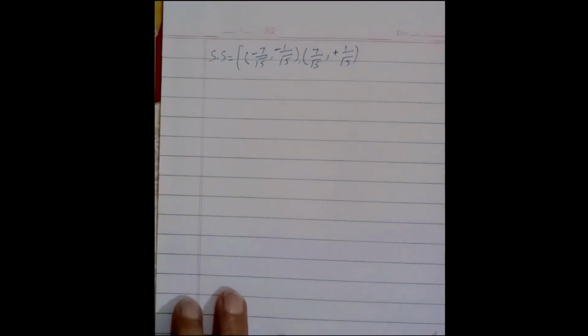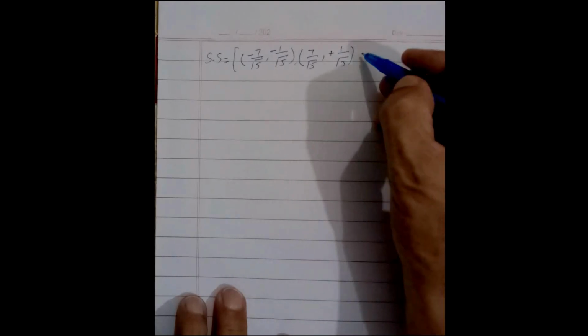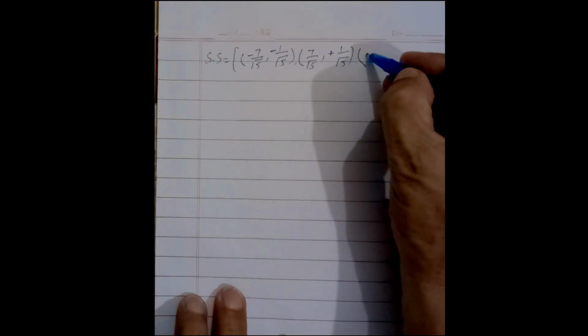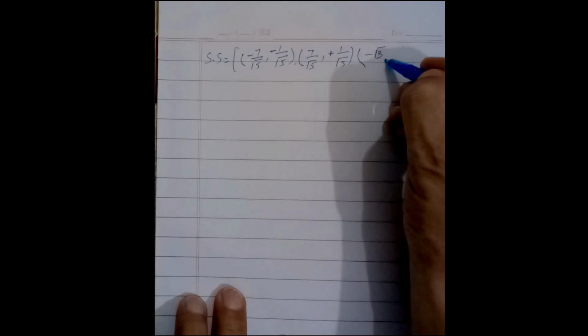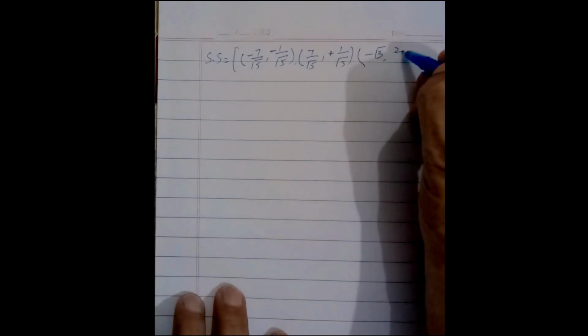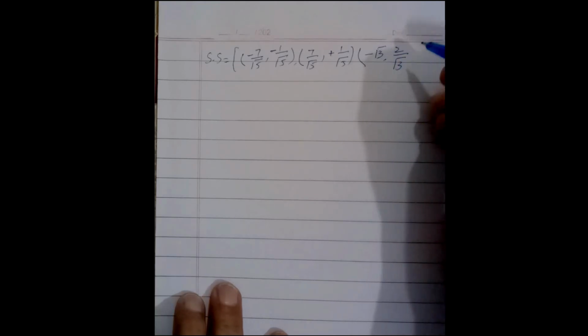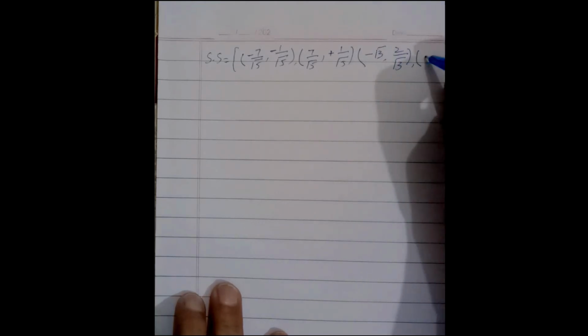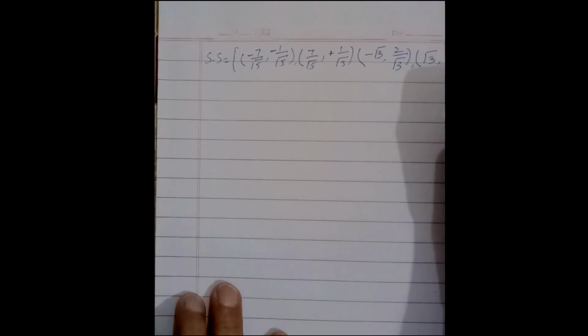And the other values of x and y are, x is minus under root 3 and y is 2 over under root 3, and the other is x is under root 3 and y is minus 2 over under root 3.